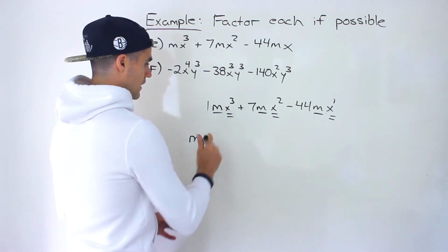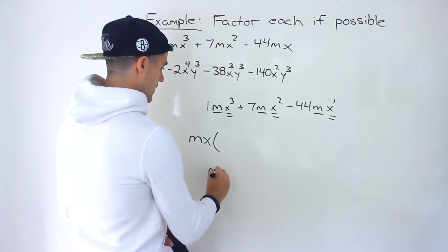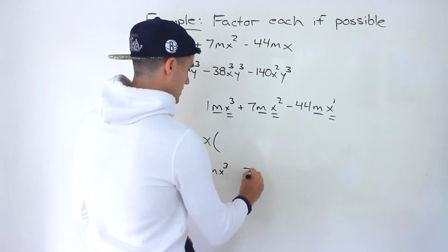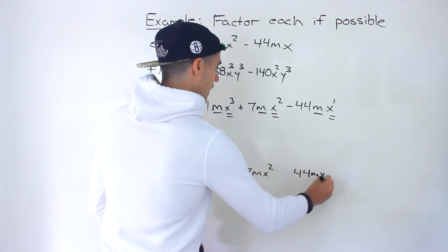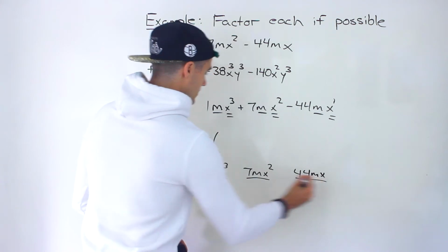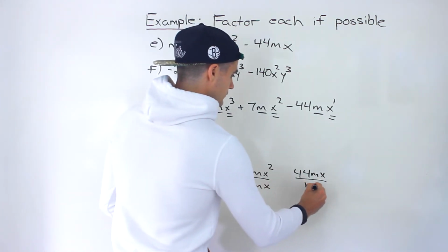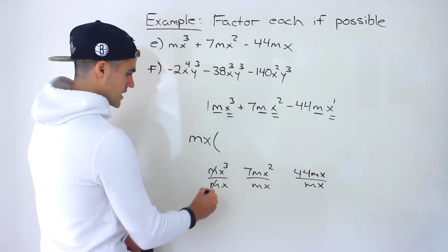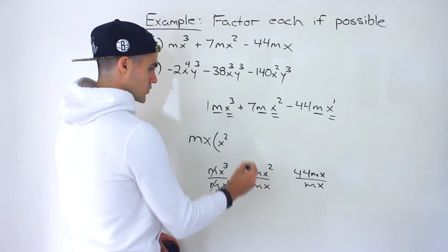Now to find out what we're left with, what I recommend doing, maybe on the side here, just because these are a little bit more complex, is divide all of these by that greatest common factor that you're taking out right there. So here the m's cancel out, x to the 3 over x to the 1, subtract the exponents, we're left with x squared.